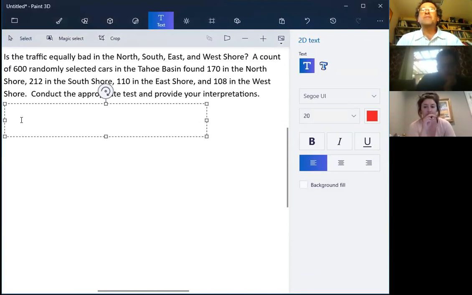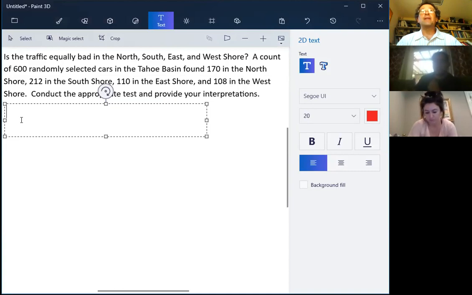So in this chapter, our H0 and H1 are going to be words. We're going to write a sentence. In chapters 9 and 10, and actually 12 also, we only use symbols, no words allowed. Do you remember that? You had like P equals 4 or mu1 equals mu2. You didn't do words. So in this chapter, we're doing words.